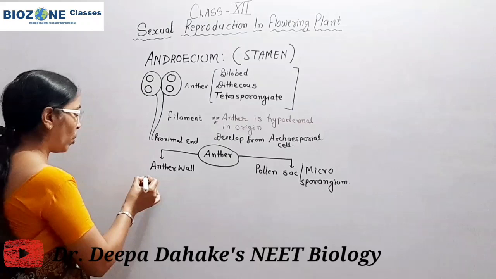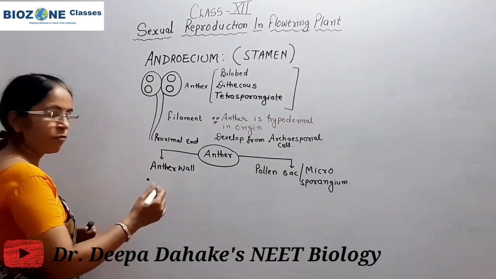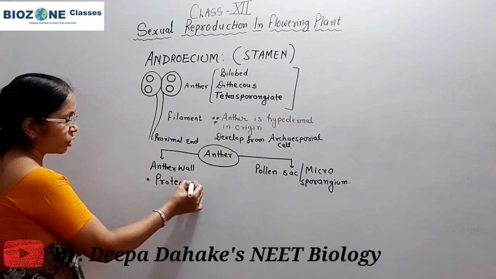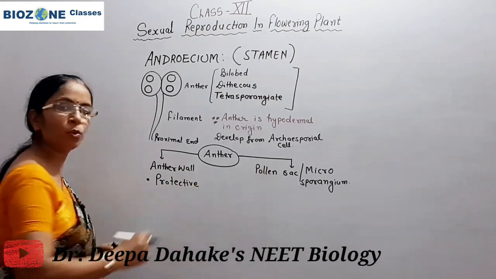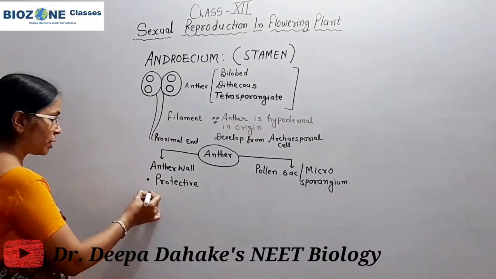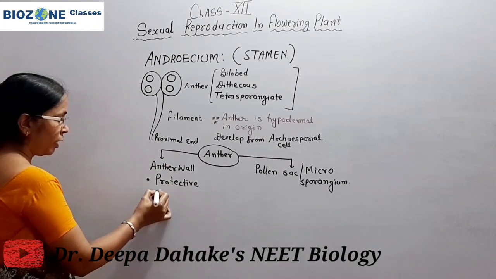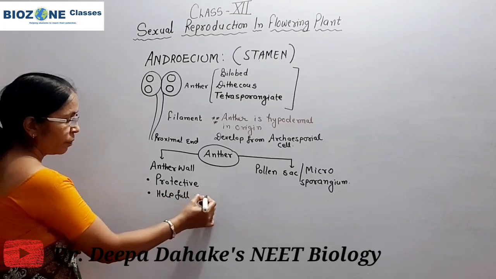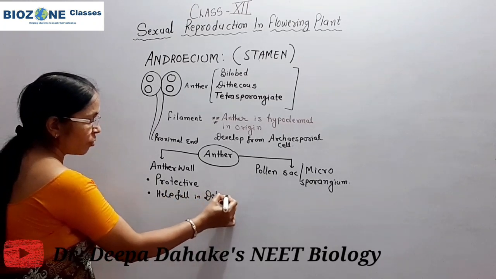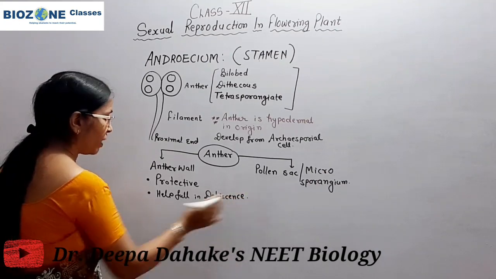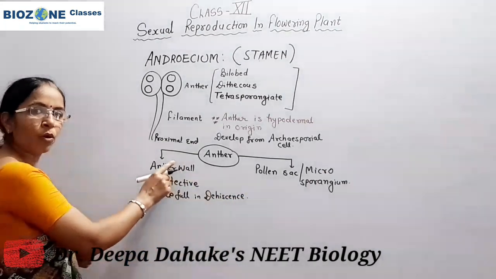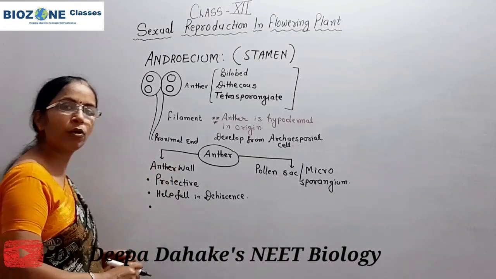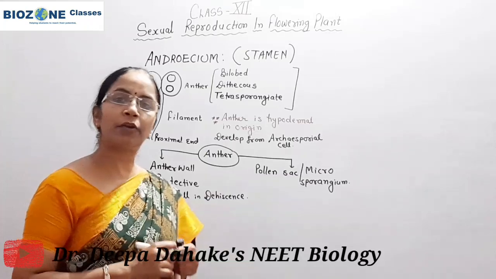What is the function of the anther wall? First, the anther wall is protective in function because it provides protection to the microsporangium. Secondly, the anther wall is helpful in the dehiscence phenomenon. Dehiscence of the anther is mainly because of the special feature of the anther wall. Secondly, one of the layers of the anther wall is secretory in function.